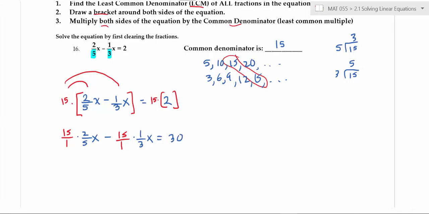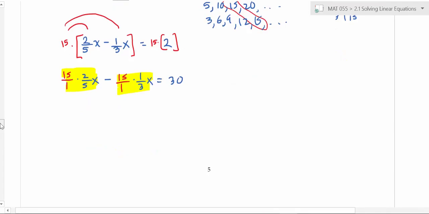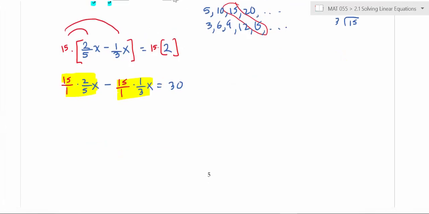Now, what happens on this problem is when you look at these two multiplication problems, the fractions are going to divide out. There's actually 2 ways you can write this next step if you want to. So you multiply fractions straight across. So if you did that, you'd have 30 over 5 x minus 15 over 3x. And then this side's going to be 30, like that.